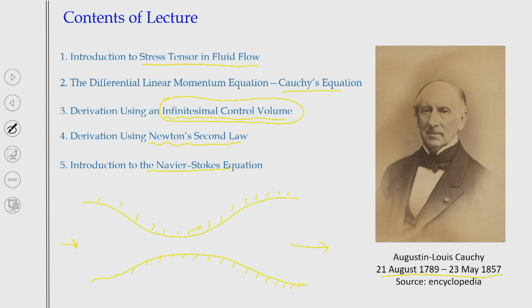At the very basic level, if I consider these points, I will have some sort of velocity distribution like this. At these points, definitely I will have more velocity as compared to this, as the area of the flow has reduced here.